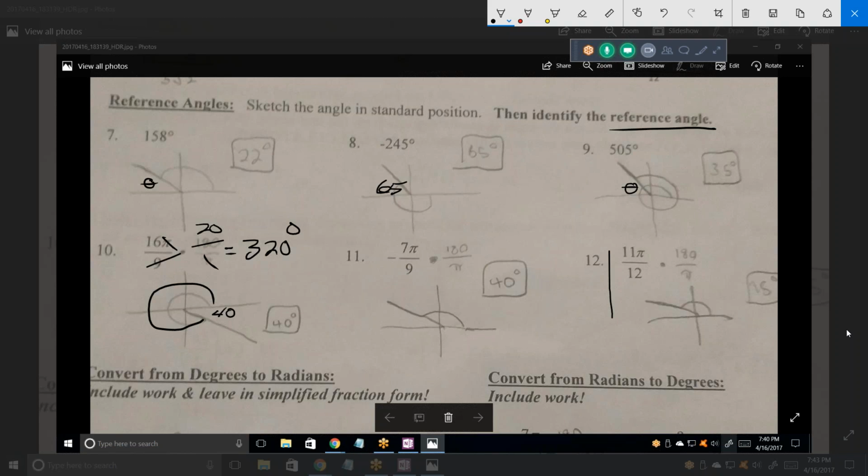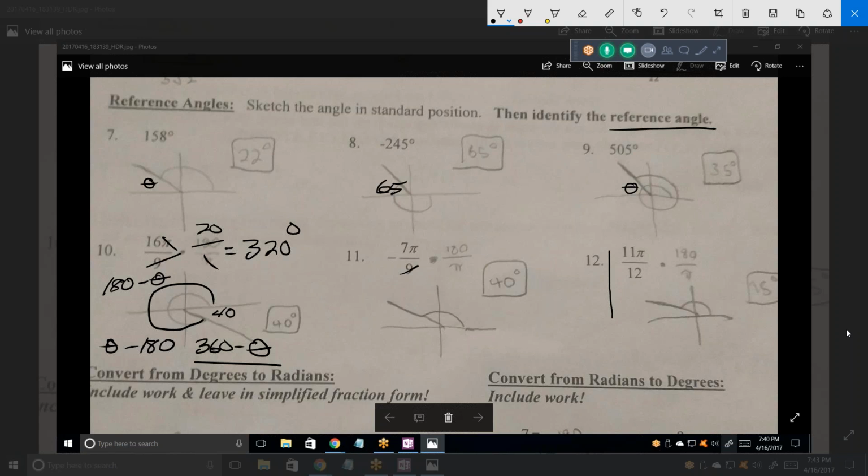Now notice that all of these agree with my definitions that I taught you. In other words, if you use 360 minus theta, you get the reference angle. In the third quadrant, if you use theta minus 180, you get the reference angle. In the second quadrant, if you use 180 minus theta, you get the reference angle. So those three formulas are meant to give you the reference angle, or what I call the equivalent first quadrant angle.